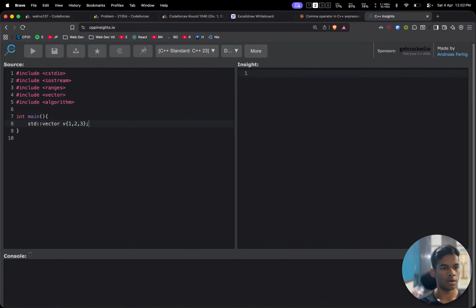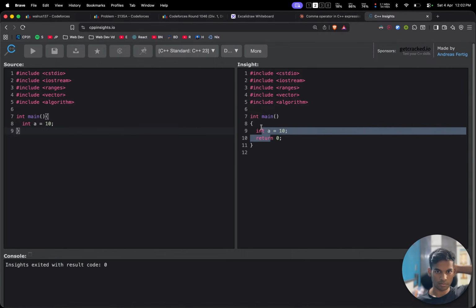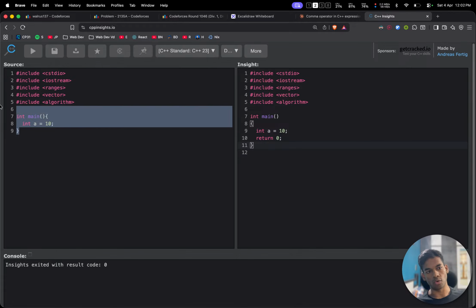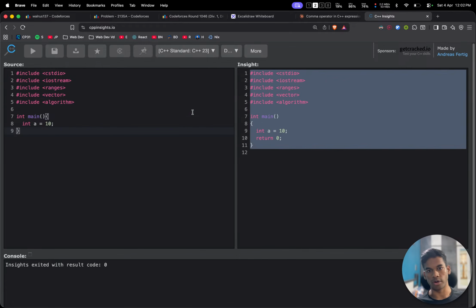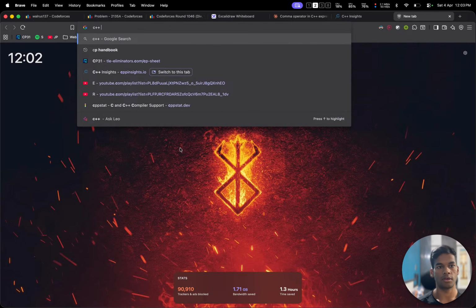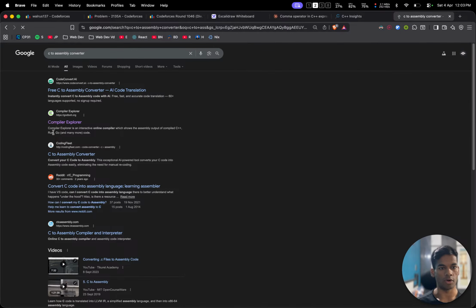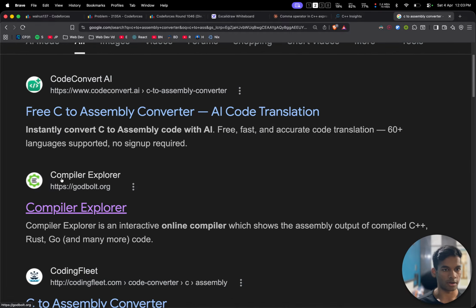Here, if we say int a equals 10, okay, this just breaks the C++ code here into smaller code, but I thought this might convert this into assembly or C. Assembly language online converter, C++ Explorer.